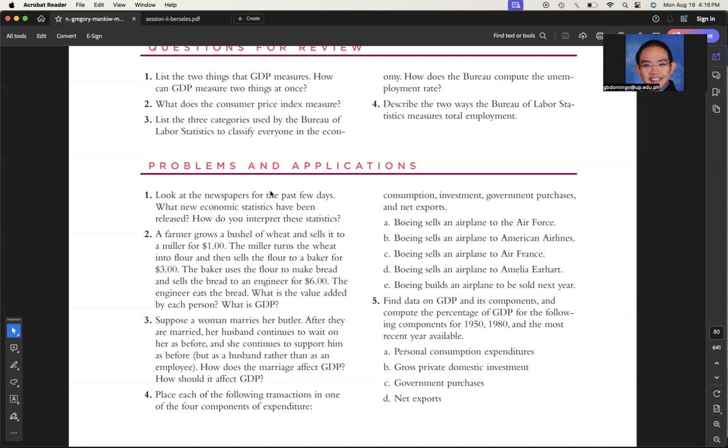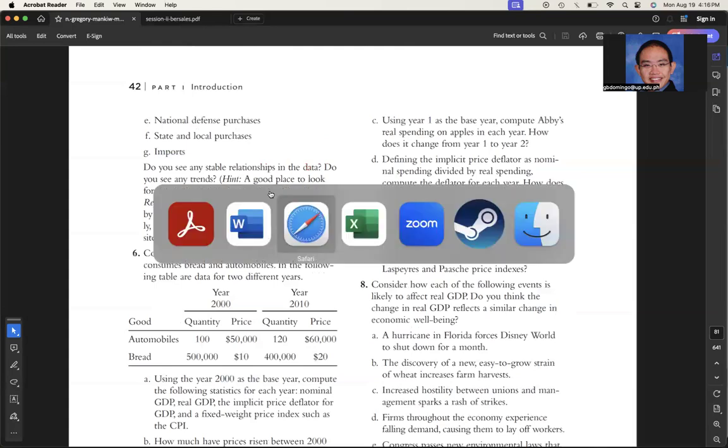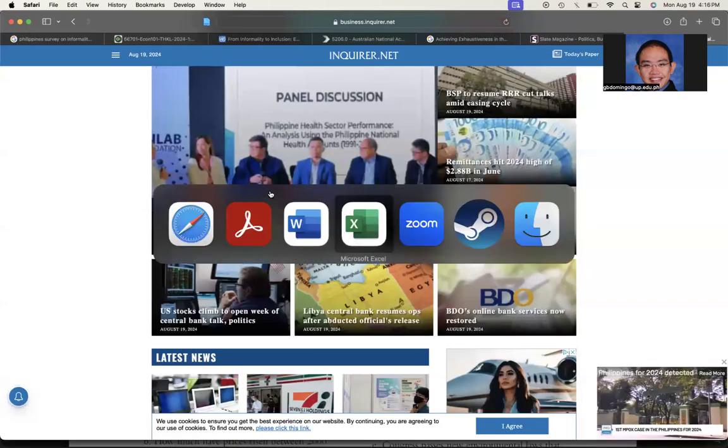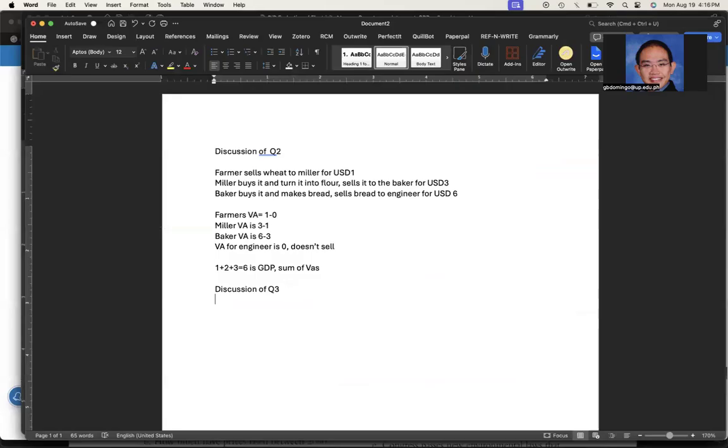But one clue here is that we should recall the circular model. What makes GDP is both flows of goods and money or payments.